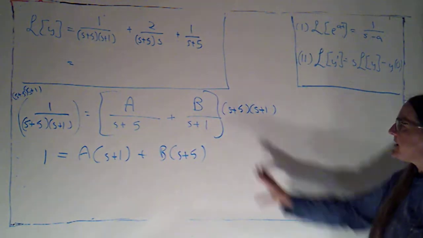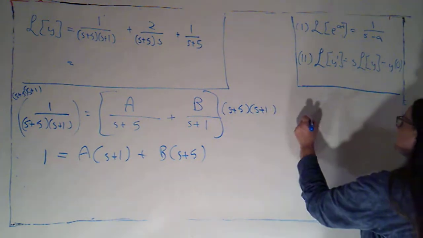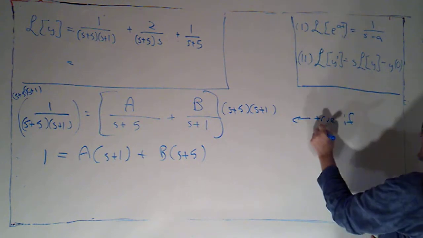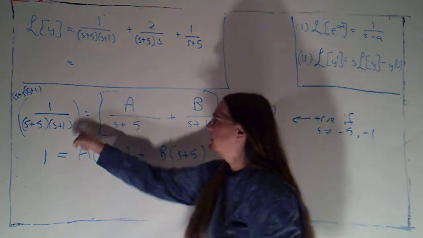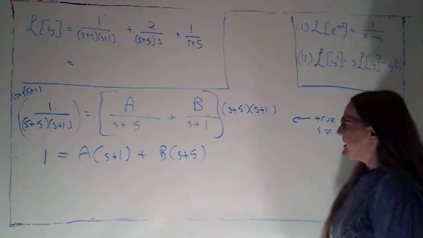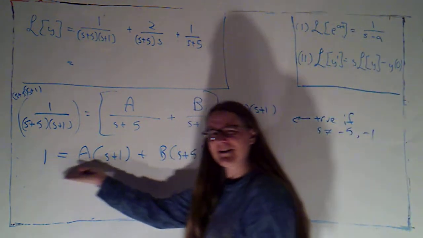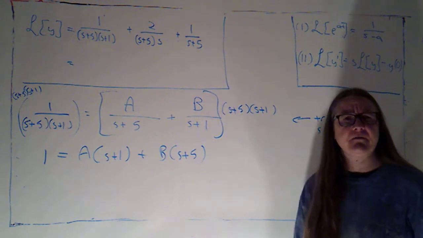Okay. Now, these equations are almost equivalent. This equation, we said, is true if s does not equal -5 or -1, because obviously that would make the denominators 0. All right, this equation, there's no way I could have a linear equation like this that's true everywhere except at two specific values.